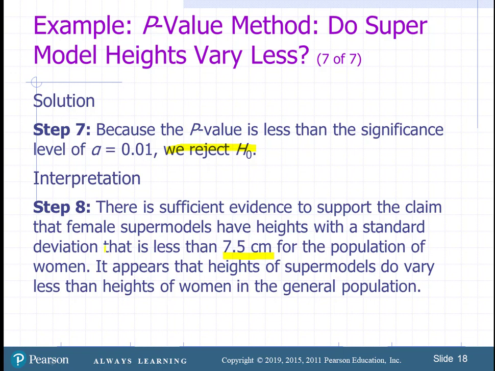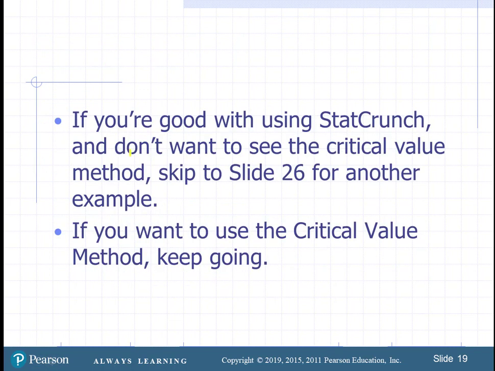This part would be our more regular language. I would write: these data suggest that heights of supermodels do vary less than the heights of women in the general population. That's our everyday language summary statement.